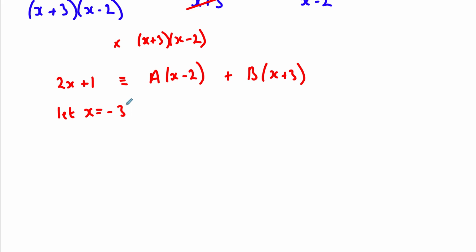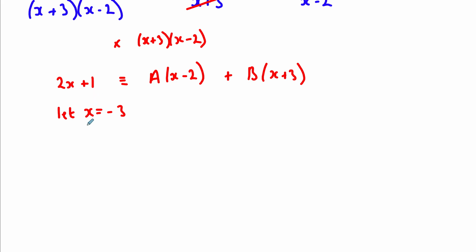I'm just going to pause there for a second. Can you see why I want x to be minus 3? What is going to happen when x is minus 3? This bracket here will be worth 0, so we're going to end up with b times 0. Because the left hand side has to equal the right hand side for any value of x, that's going to allow us to make b disappear and work out a.